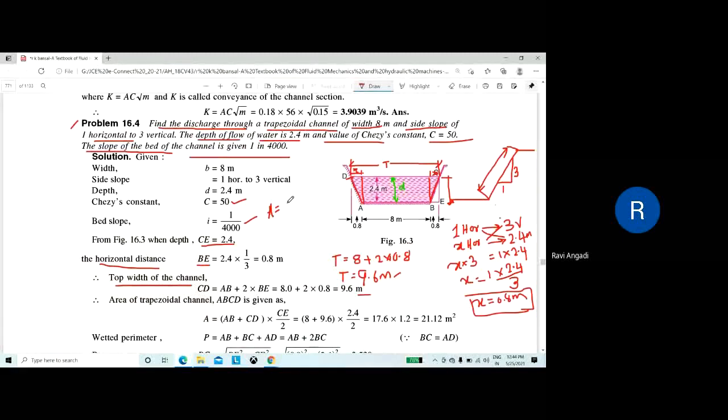So A plus B. Okay, A means what here? Top width plus bottom, correct? Yes, sir. Top width plus bottom width into h by 2. Is it correct?